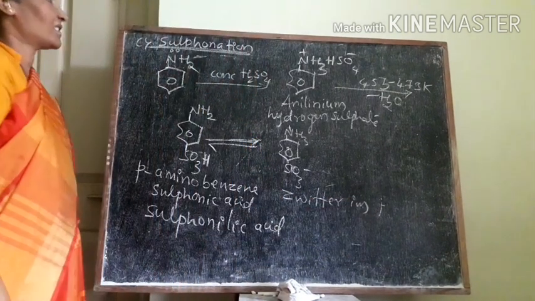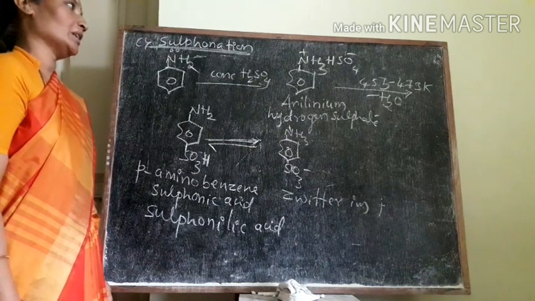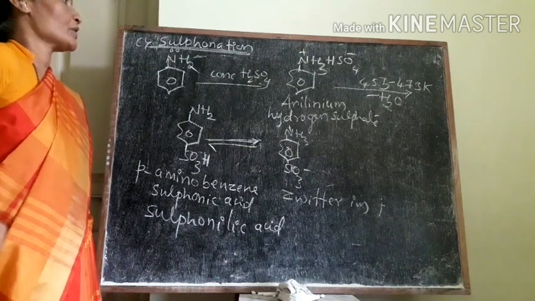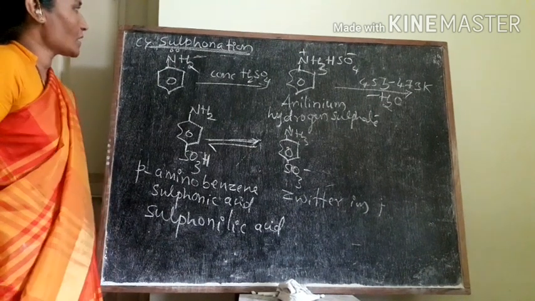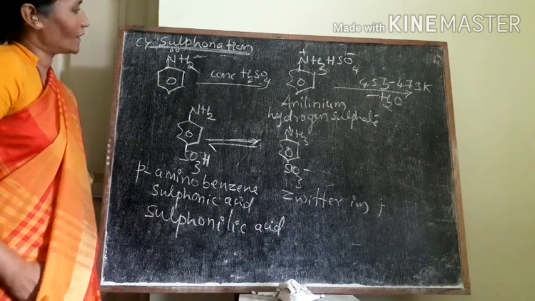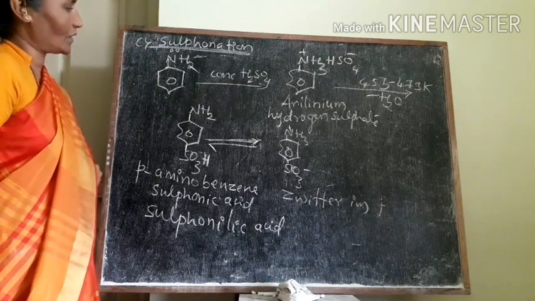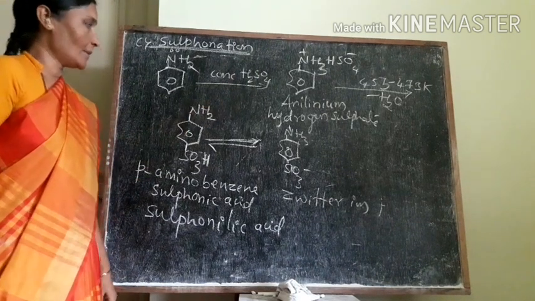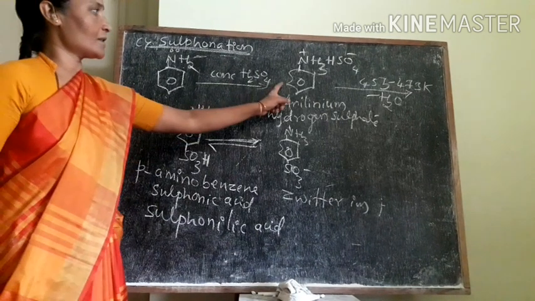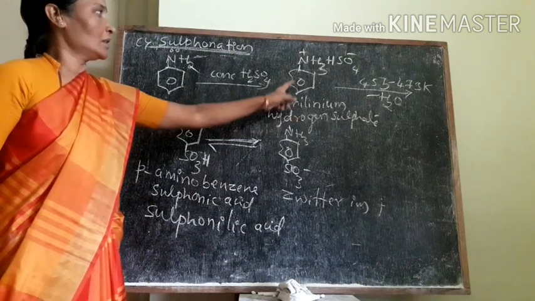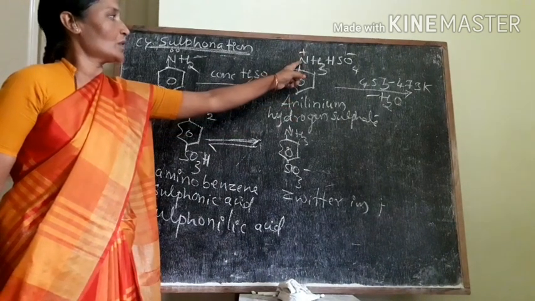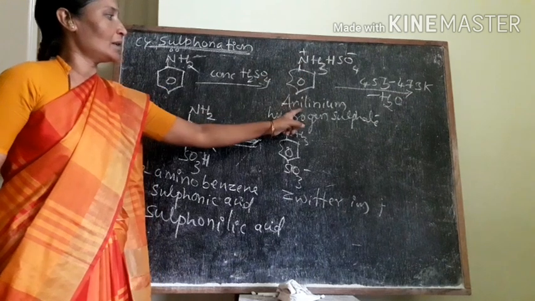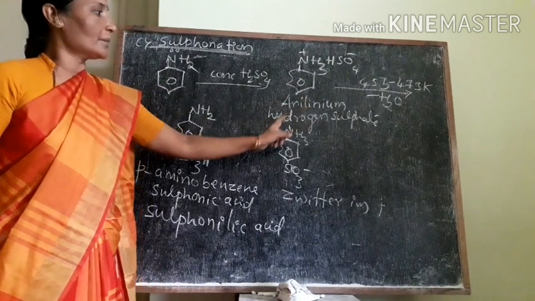Okay, this is sulfonation. You have to be very careful about the strong acids used, in the case of the nitrating mixture and in the case of sulfonation where concentrated sulfuric acid is used. In this case, easy protonation takes place, hence the product is aniline hydrogen sulfate.